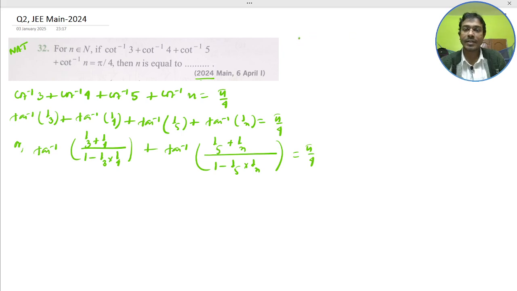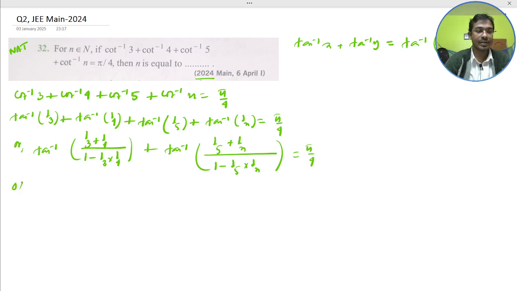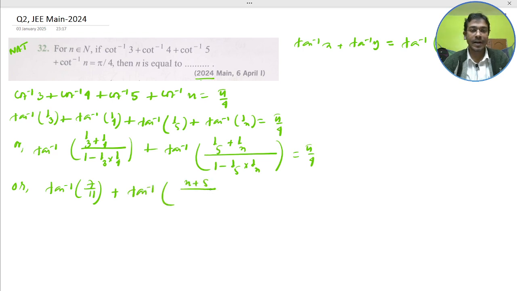I just write here, tan inverse x plus tan inverse y is equal to tan inverse of (x + y) divided by (1 - xy). So just calculate here: tan inverse 7 by 11 plus tan inverse of (n + 5) divided by (5n - 1) will be equal to pi by 4.